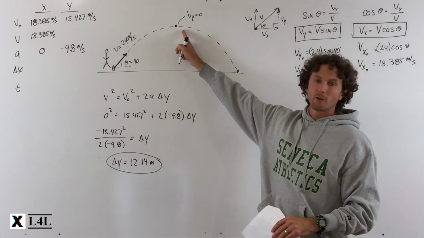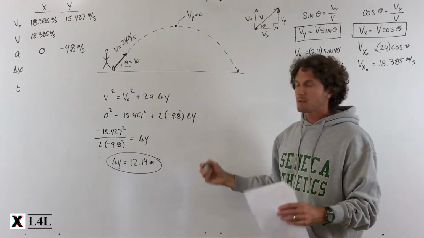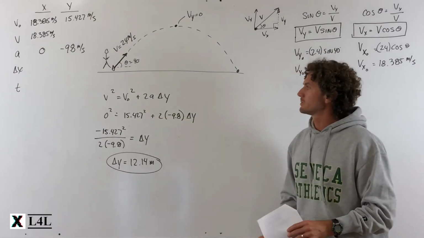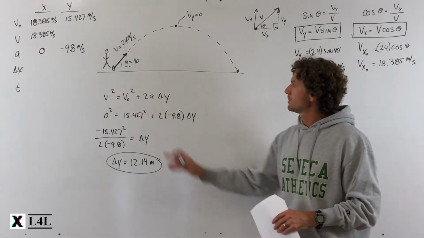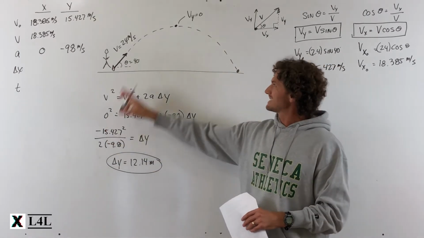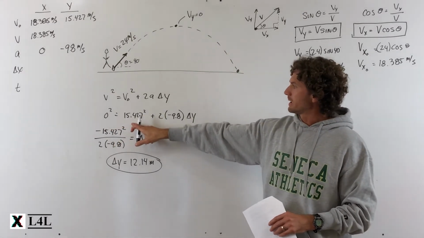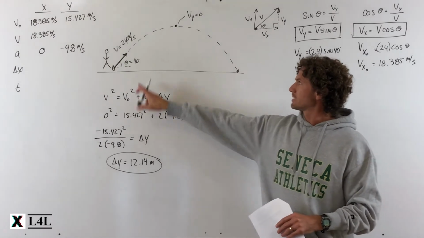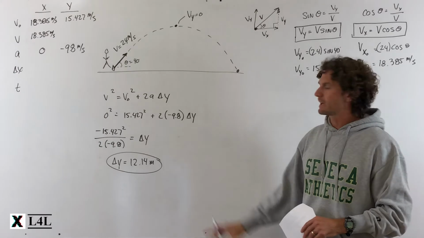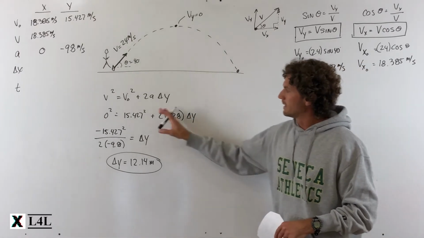Again, since we know that the vertical velocity is 0 at its maximum, to find the maximum height of the football, we're going to use this equation: v squared equals initial velocity squared plus 2 times the displacement in the vertical. So 0 equals 15.427 squared, my initial vertical velocity, plus 2 times the acceleration due to gravity, negative 9.8 meters per second squared, times the displacement in y.